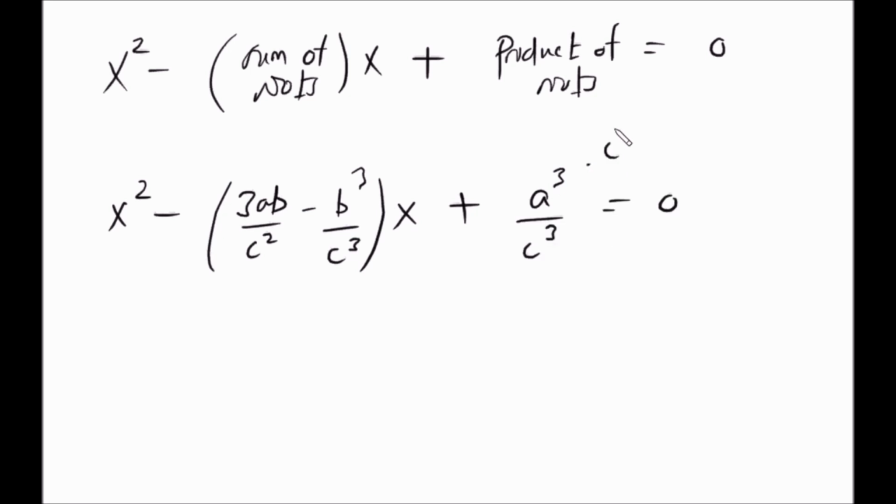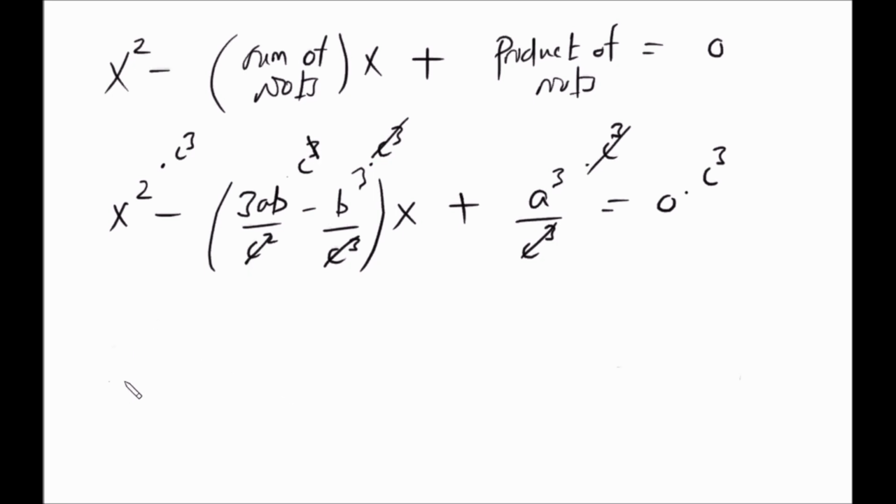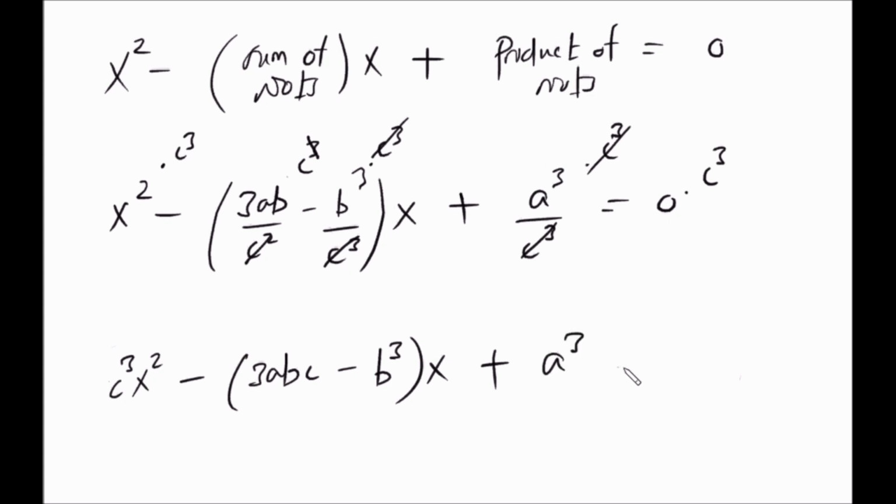equals 0. So I'm going to multiply by c cubed, everywhere: here too, and here too. c cubed and c cubed cancel, c cubed and c cubed cancel, and c squared leaves one c. So our equation will be c cubed times x squared minus, here we have 3abc minus b cubed, all of this times x, plus a cubed is equal to 0.